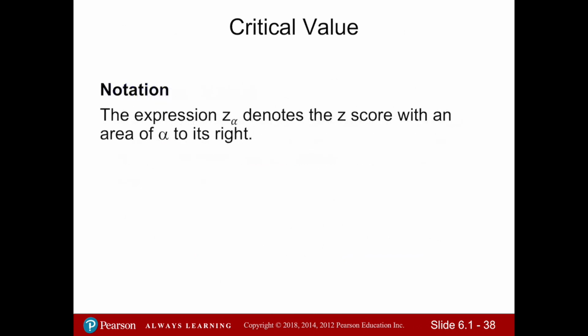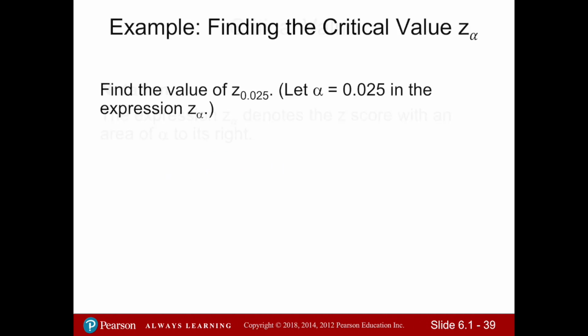The way we notate that is by using the z with a little subscript of alpha. And actually what z sub alpha means is the z-score with area alpha to its right. And the important thing is to remember that that alpha is the area to the right, but our table tells us areas to the left. So we'll use the symmetric nature of our curve to help find these solutions.